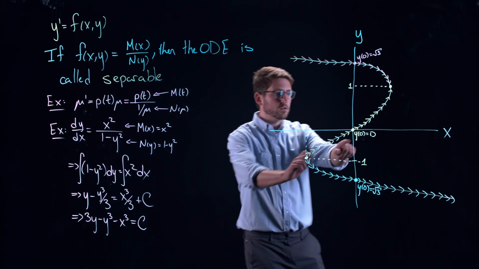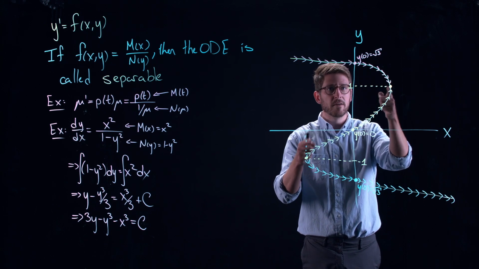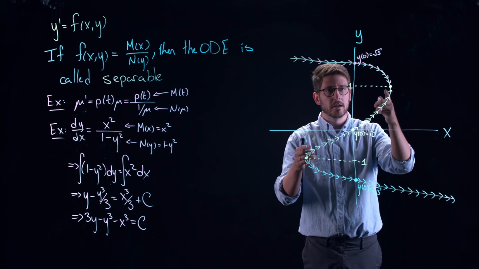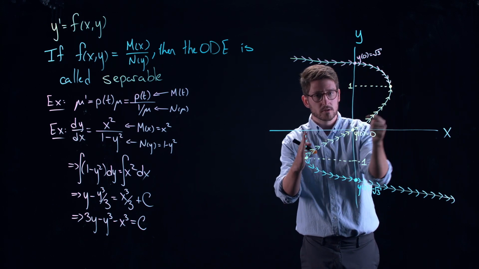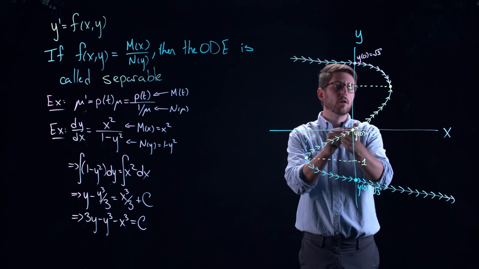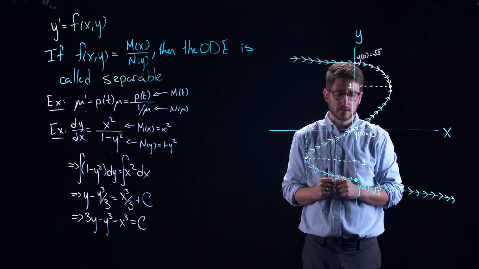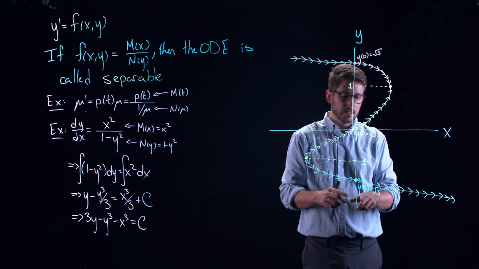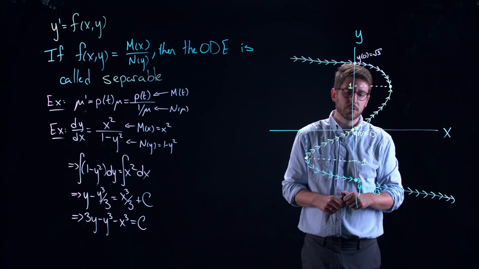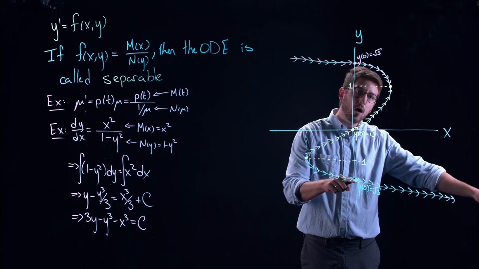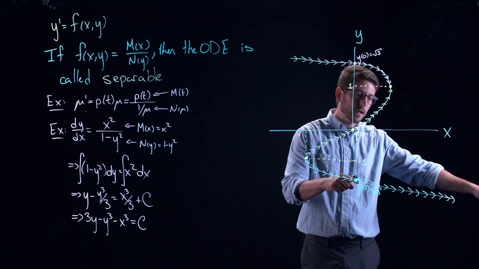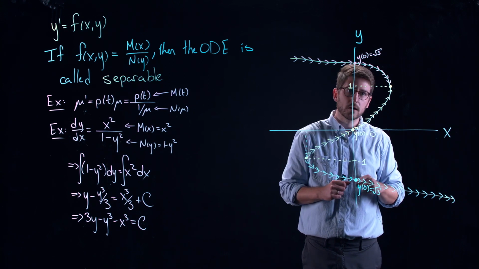The first of which, y of 0 equal to 0, gave me finite alphas and betas on both sides. I can only go so far backwards in x, and I can only go so far forwards in x. My second case, y of 0 equal to minus root 3: I can go all the way to the right in x that I care about, so beta is equal to infinity.